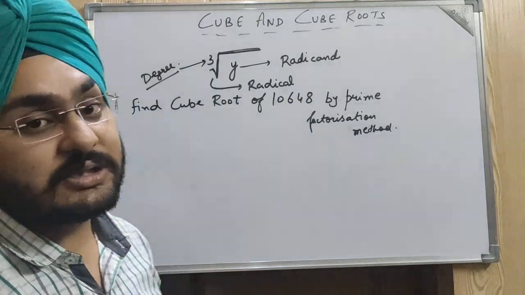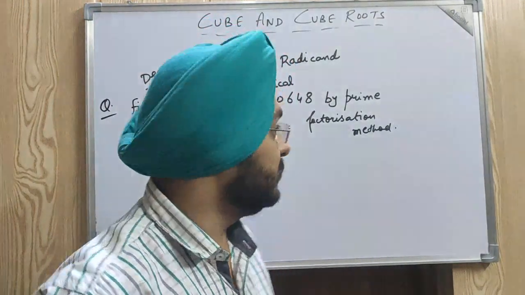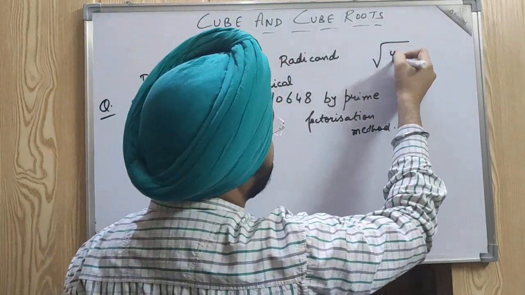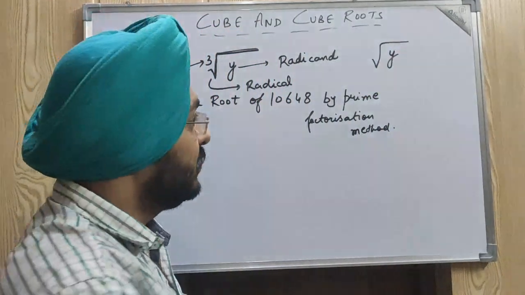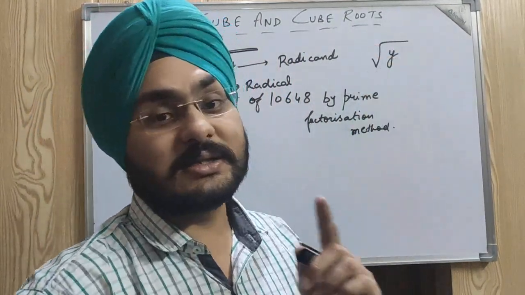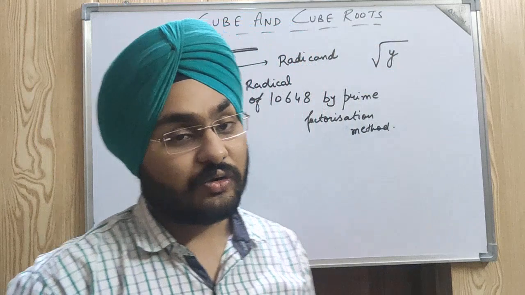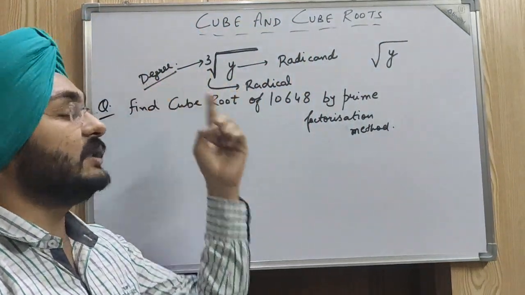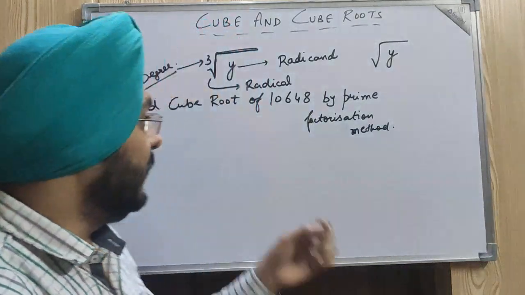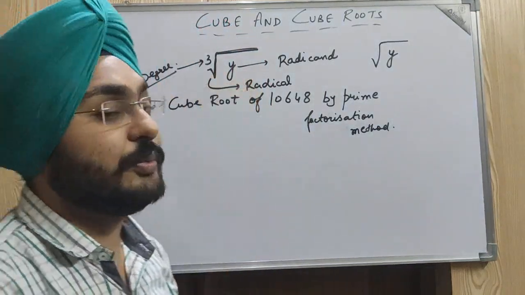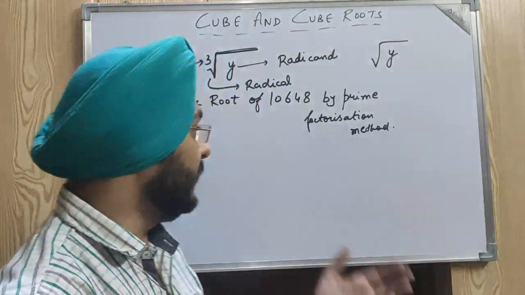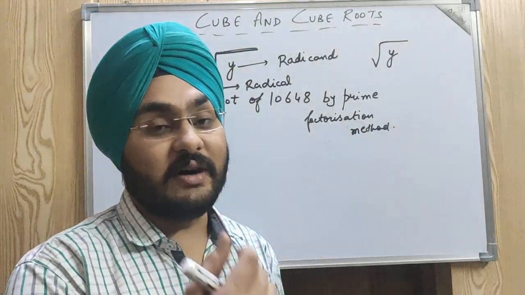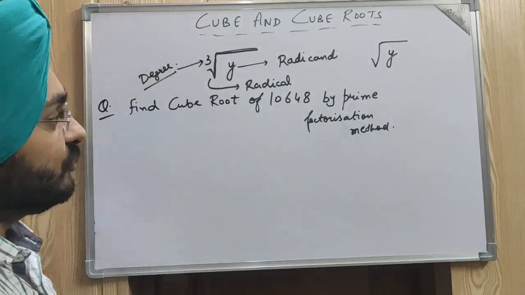If the degree is 2, as in the square root of y where no number is written, it means the number is 2 here. Similarly, if the number written is 3, I will be writing the degree as 3 here, and this one is known as the cube root of a number, like here we have the cube root of y. I hope this will be clear.